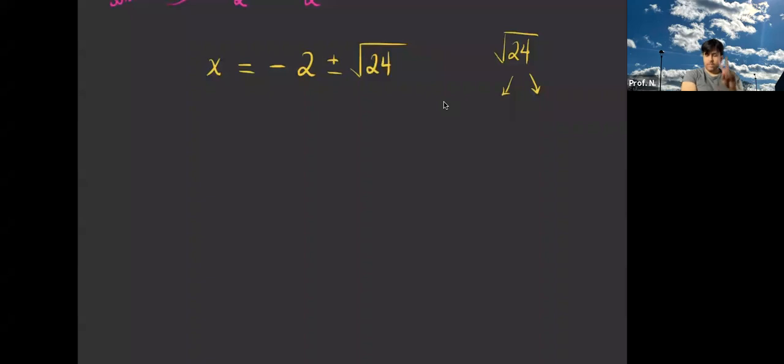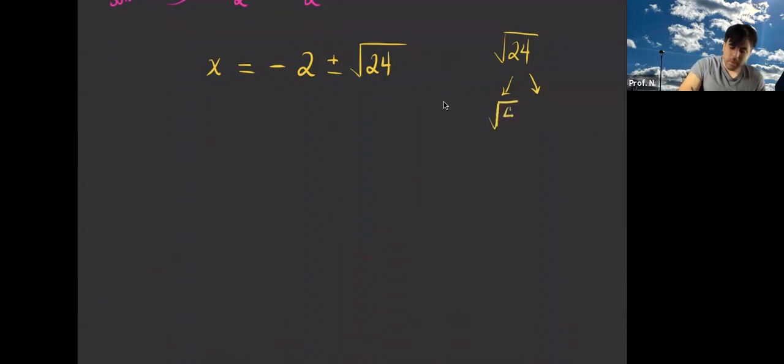Two numbers, guys. One of them perfect square. Multiply to 24. So 1 and 24, that doesn't work. 2 and 12, those aren't perfect squares. What's the next one? That's right, 4 and 6.